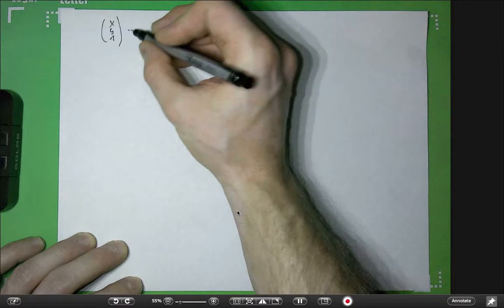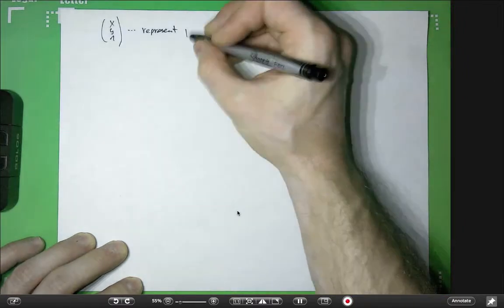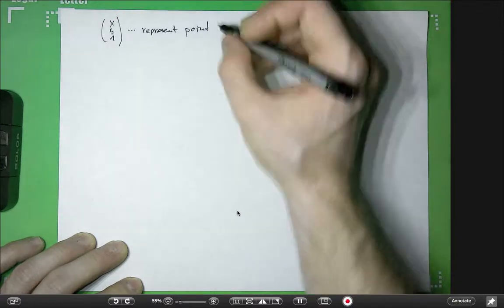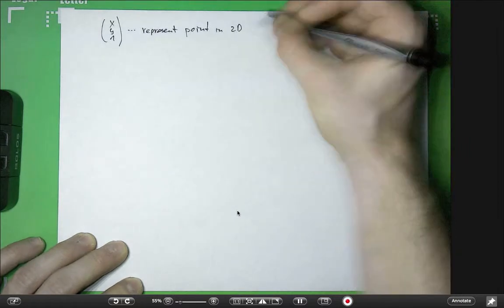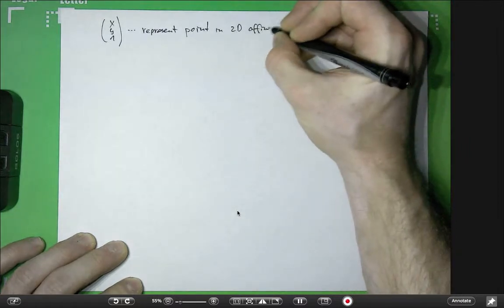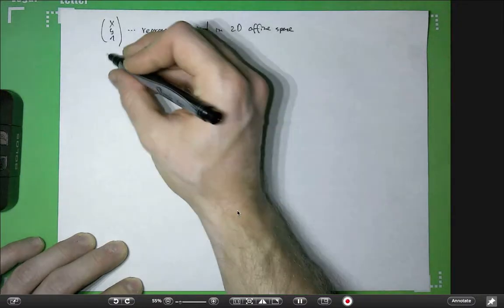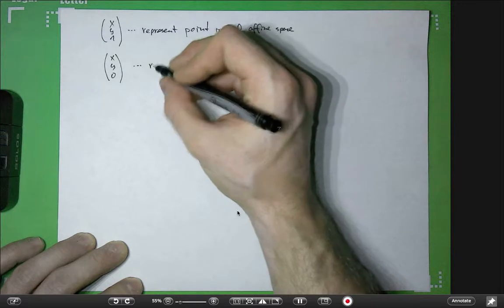These guys represent points, my 2D affine points, right? (2D affine space). And you can say that these, the x, y, and 0, represent vectors.